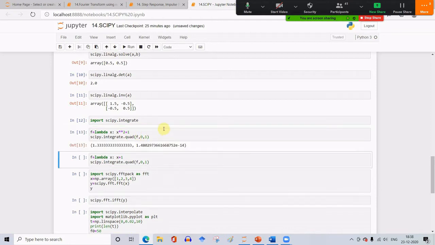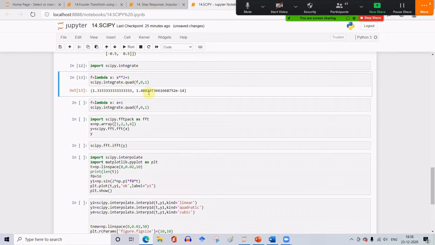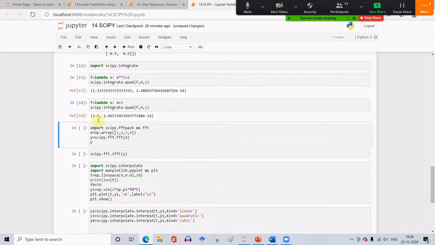So if you integrate this x square plus 1 between limits 0 and 1, you get the answer as 1.3333, and the second element gives the maximum error that is appearing in this integration method, which is almost equal to 0. Okay. So similarly, if you integrate x plus 1 using the same method, you get this as the answer 1.5 and the error is 0.